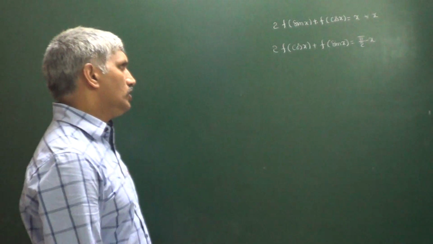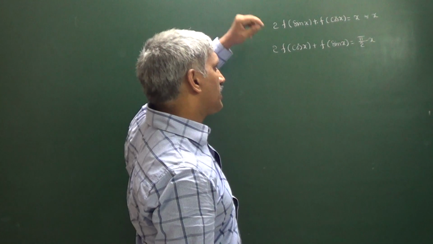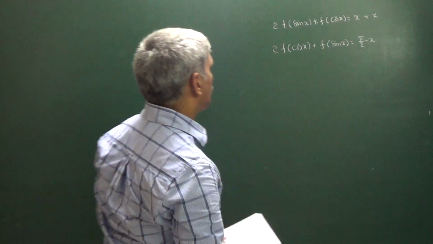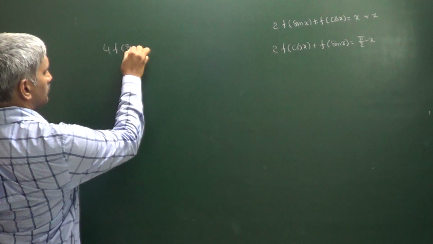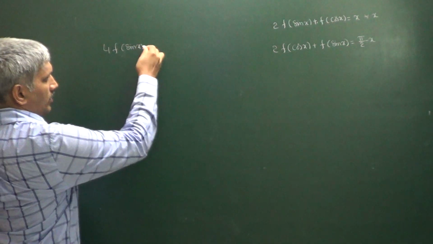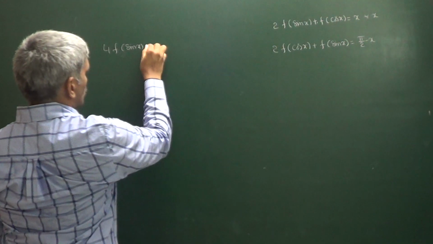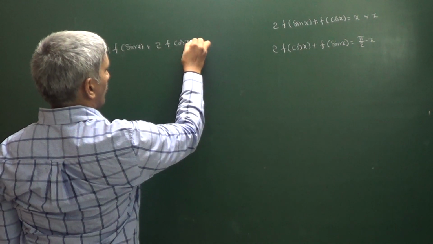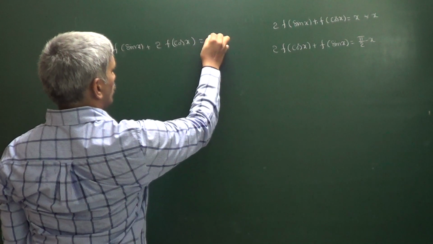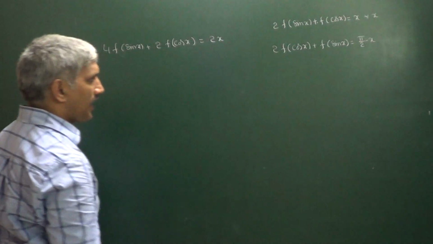Now what to do? So this equation we multiply with 2. Then we will get 4 times f of sin x plus, multiplying with the 2, 2 times f of cos x is equal to 2x. Right?